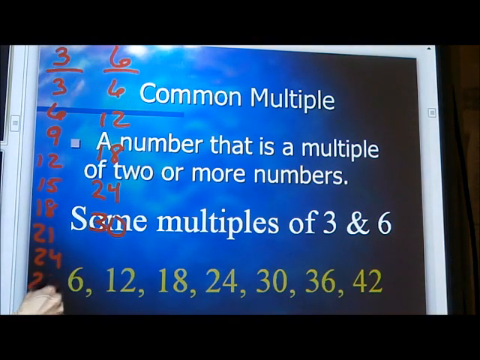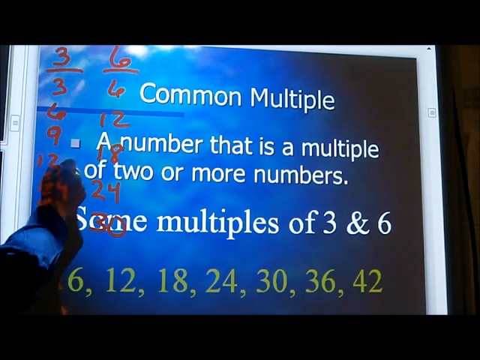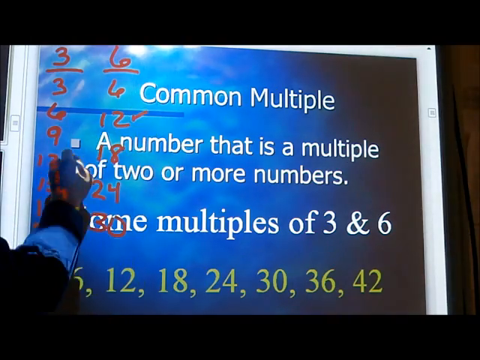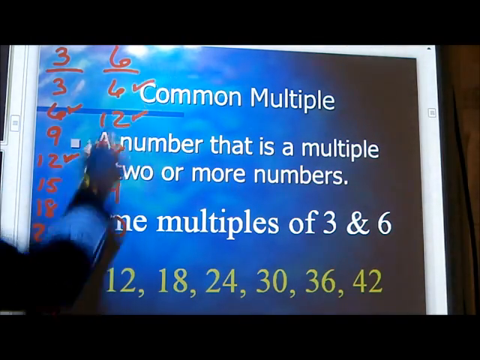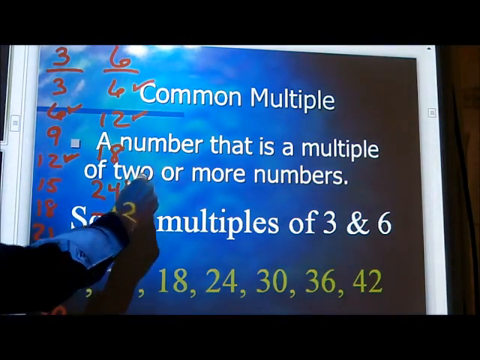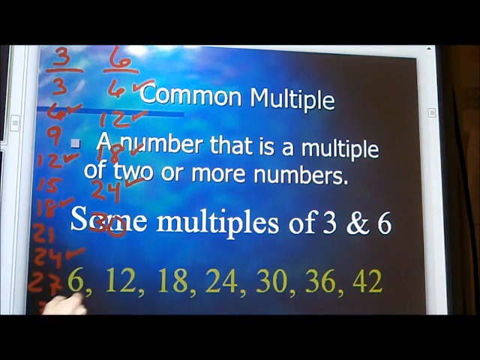I'm going to do 27 and 30 here. Okay, so common multiples are ones that show up in both lists. So 12, 6, we have 24, we have 18, and we have 30 that are common. Those are in both of those lists, multiples of 3, multiples of 6.